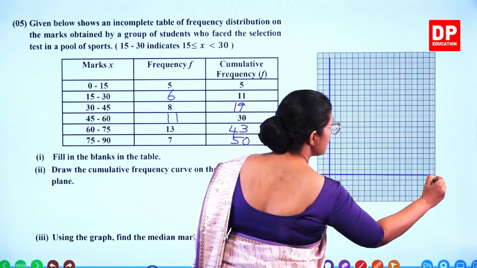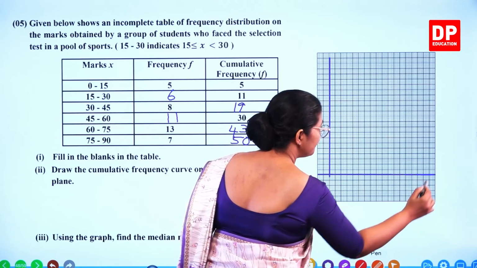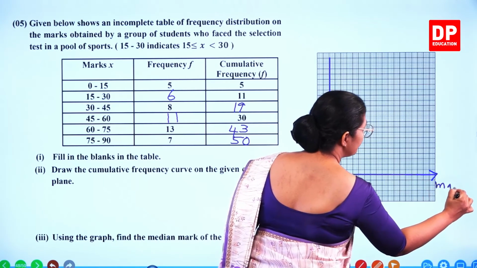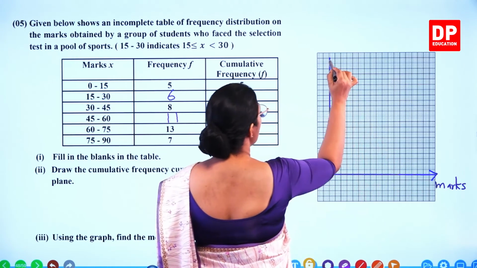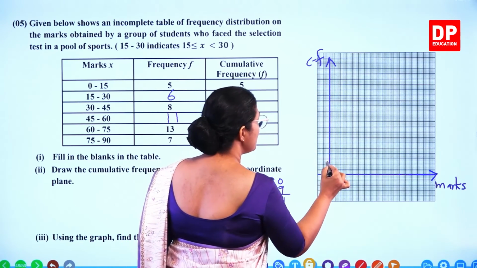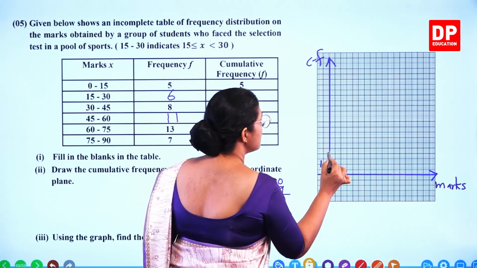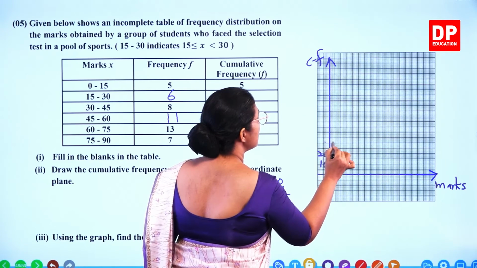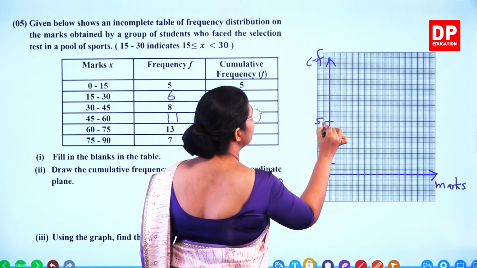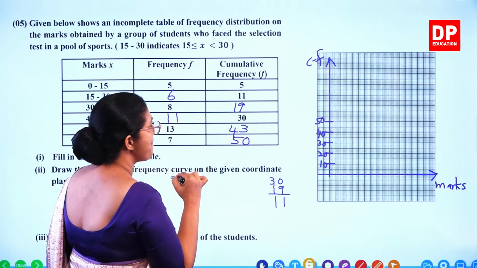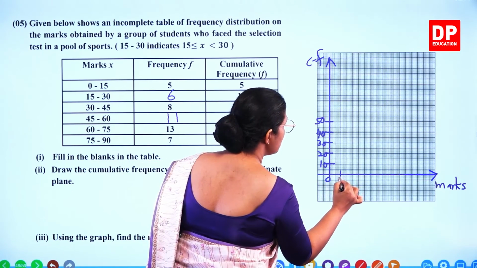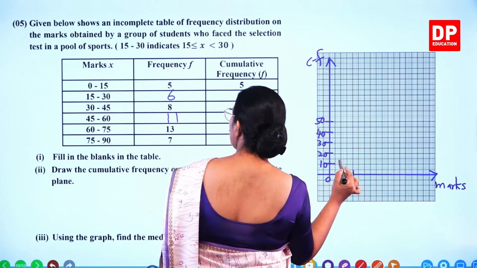Here this is about marks, and this is cumulative frequency. So up to 50, we'll take 10, 20, 30, 40, 50. And what about the other side? We'll take 0, 15. All the widths are equal.